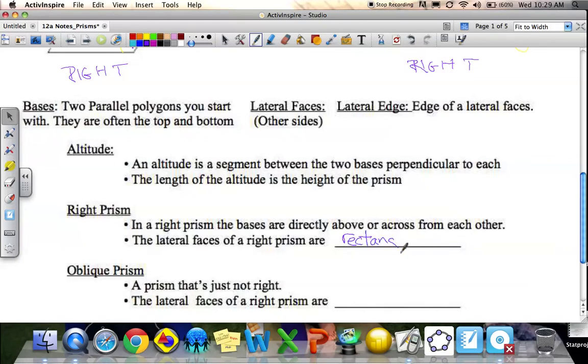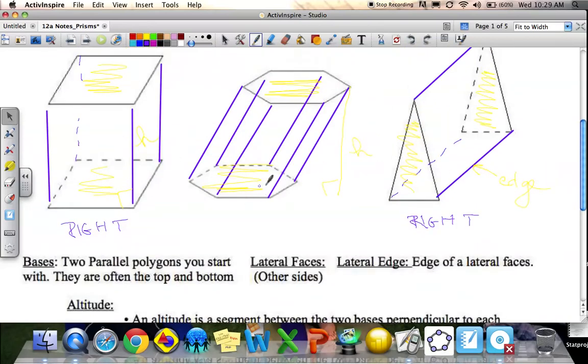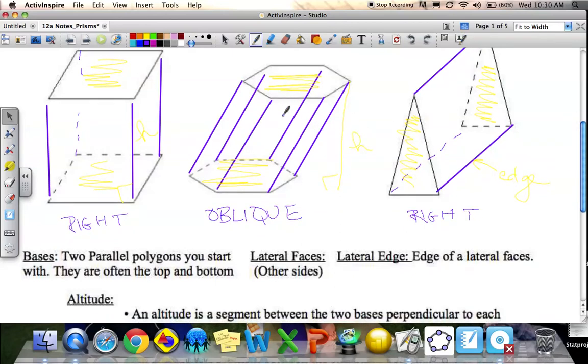In a right prism, the lateral faces are rectangles. In an oblique, a prism that's not right, the middle prism is called an oblique. We don't do a lot of work with obliques, but I like for us to look at them. And if you look at an oblique prism, what about the lateral faces? They are parallelograms.